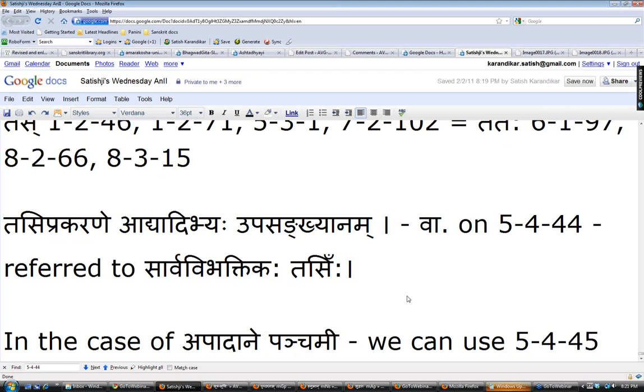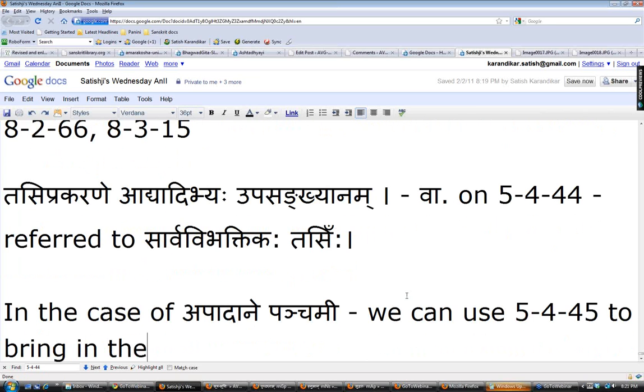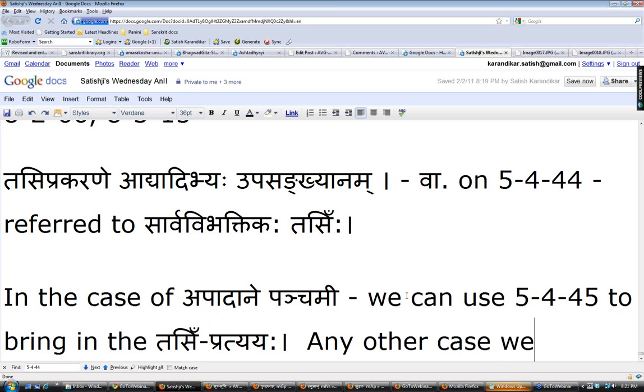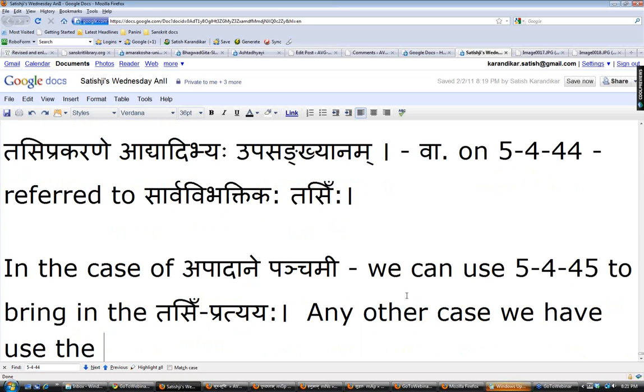It doesn't say which pradipadikam. So you can use 5445 to bring in the tasi pratyaya. So that is the thing. Now in any other case, meaning any other vibhakti or any other type of panchami, we have to use the above vartikam.